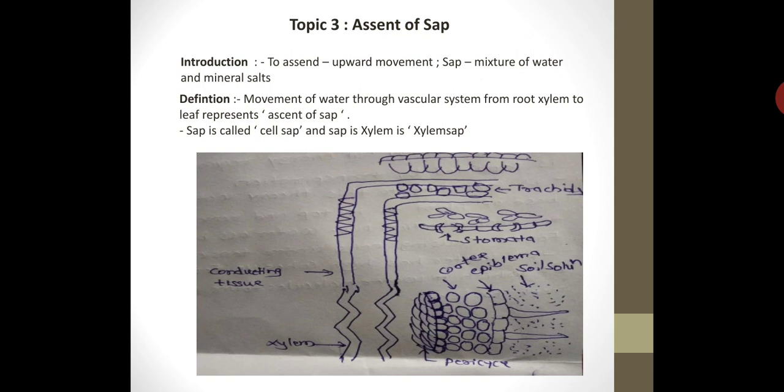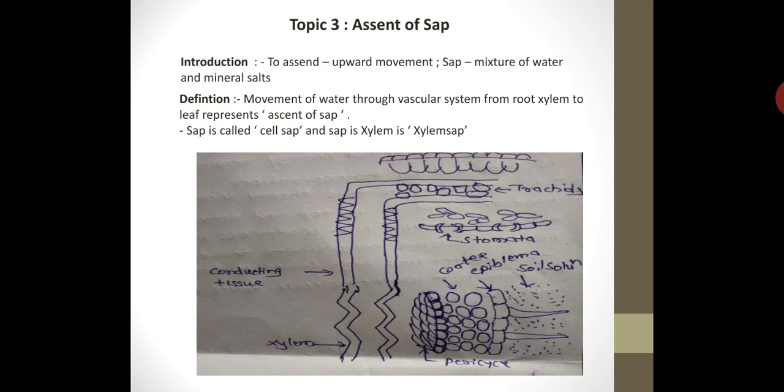Look at this figure here. Root hairs are shown in the figure, which are directly in contact with the soil solution. And in the last chapter we studied how the water enters from the root hair to the epiblema, then cortical cells, endodermis, pericycle, and finally how it reaches the xylem of the root.